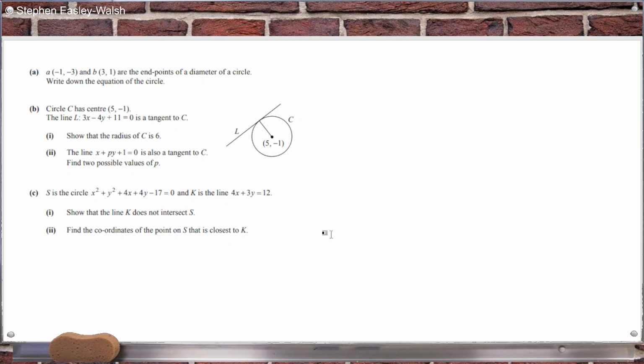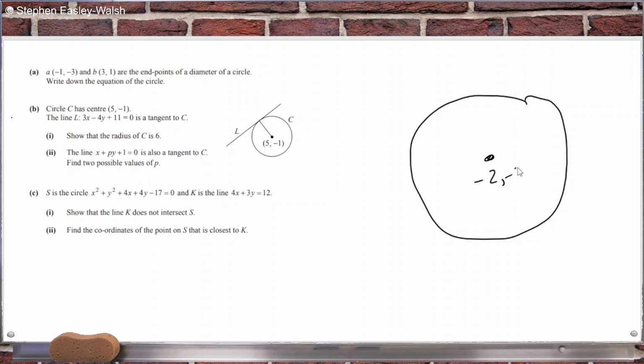Find the coordinates on S that is closest to K. Oh, now that's interesting. So you've got your point, you've got your circle here. And what did I say? Minus 2, minus 2, I think. And radius is 5, but 26 over 5 is the distance out to the line.